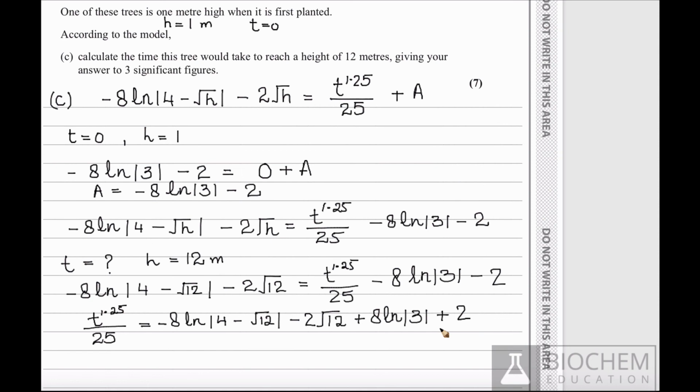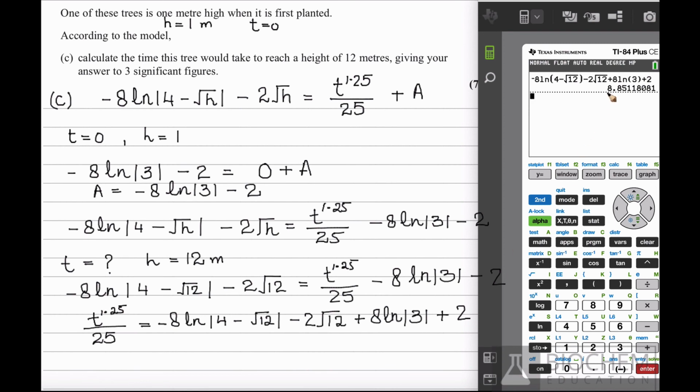Now let's substitute all of this value into the calculator and get an answer for that. And here is the answer on the calculator as 8.851.